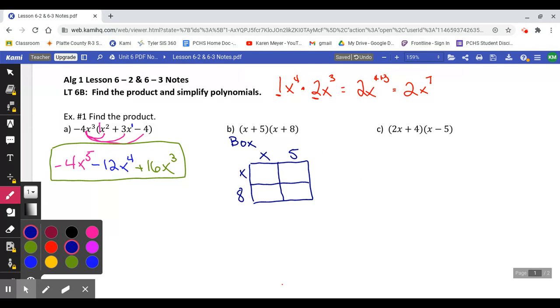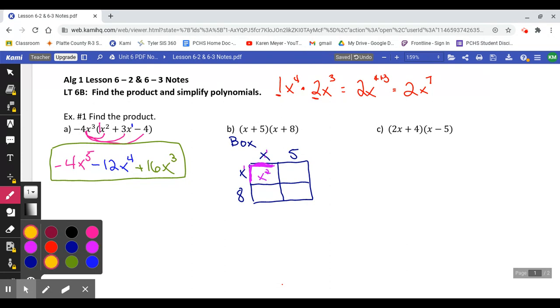Now, if you've ever taken a science class that has made you do Punnett squares, this is very, very similar to Punnett squares. So what we're going to do is multiply the side of the box by the top of the box. So x times x. Remember, you're going to add your exponents. So that's going to give you x to the 2nd power.